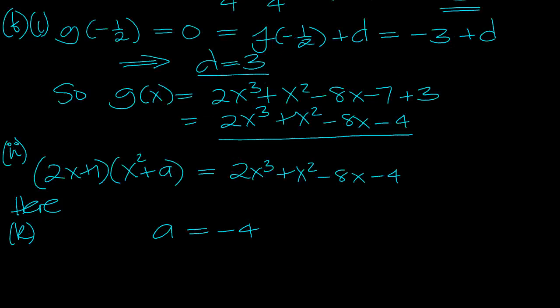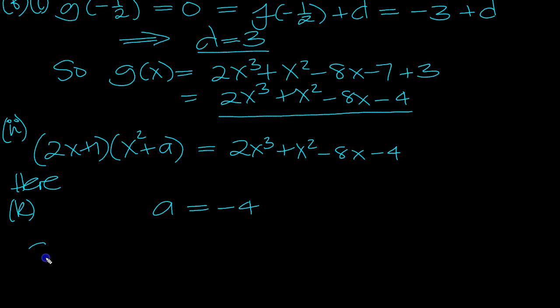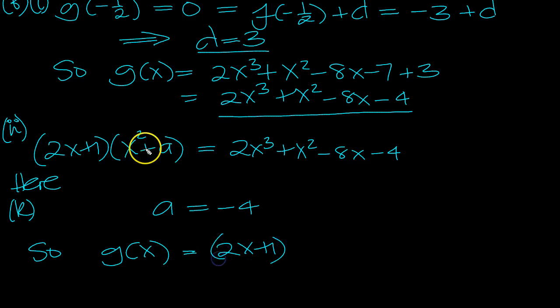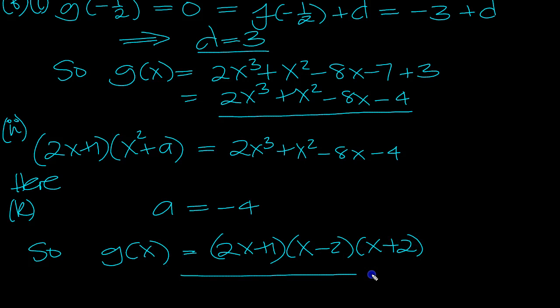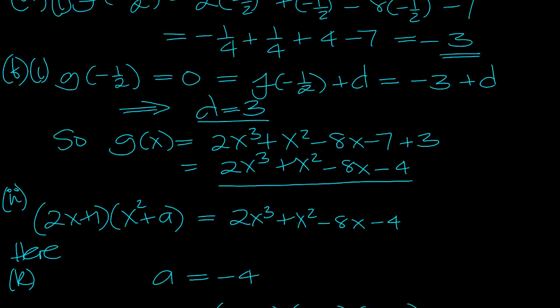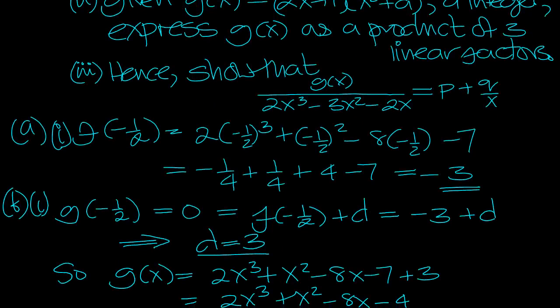So we've got x squared minus 4 here, haven't we? So g of x then will equal 2x plus 1, and we can write x squared minus 4 as x minus 2 and x plus 2, difference between two squares, isn't it? And there's the product of three linear factors. So g of x is equal to that.